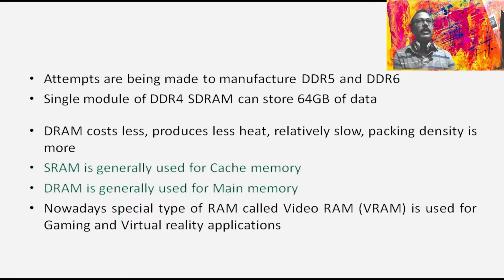Nowadays, we are talking about VRAM also, video RAM. Whenever you are interested in gaming, if you work on game related software, then you have to bother about the GPU, graphics processing unit, and also the graphics related memory.